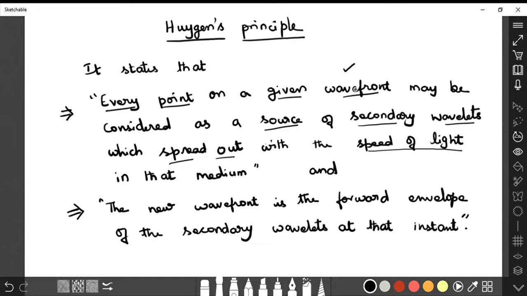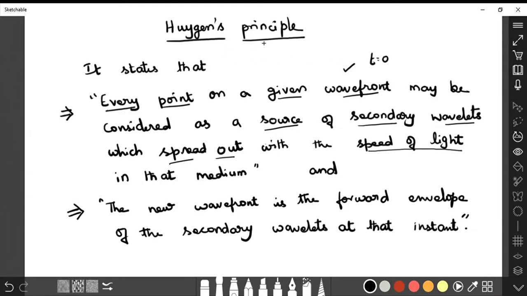What Huygens is trying to say is: if you know the position and the shape of the wavefront at a time t equal to 0, then the shape and position of the upcoming wavefront can be found by using this principle.